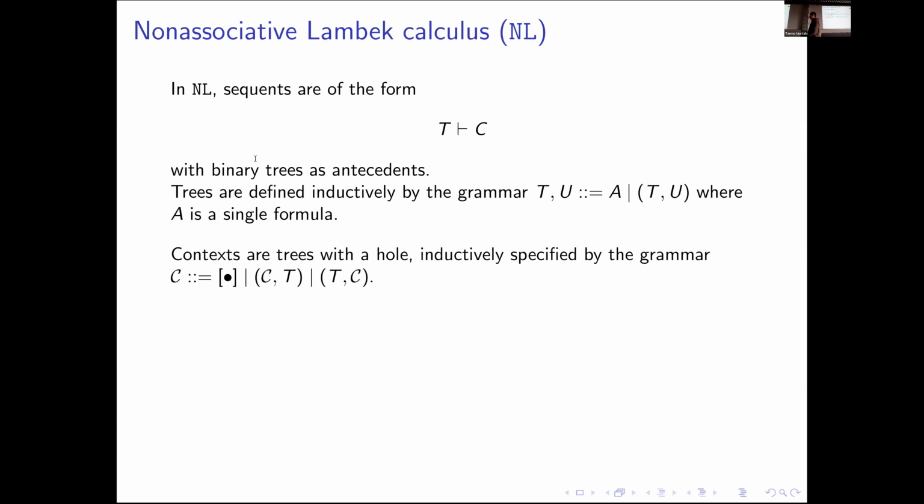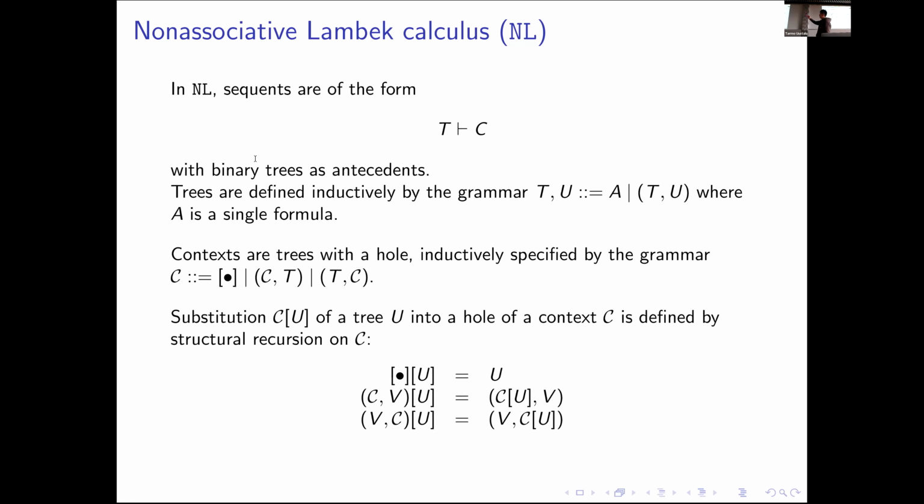In order to define a substitution of trees, we need to define contexts, which are trees with a hole. A hole is a context, and if we have a context, we can put a tree on its right or on its left. Then with this definition, we can define the substitution of a tree U into the hole of a context C.